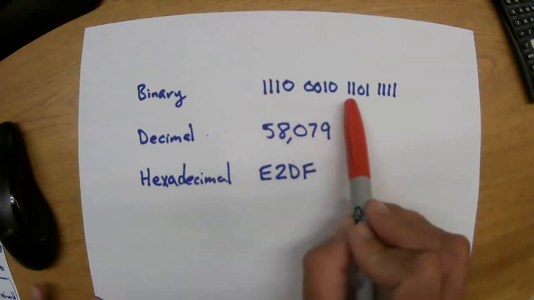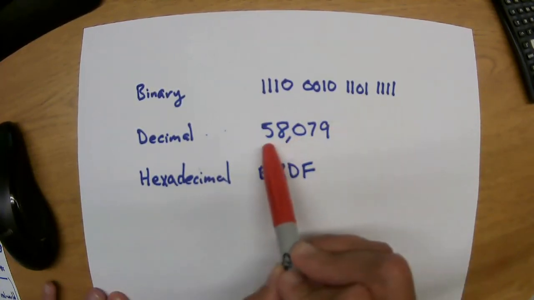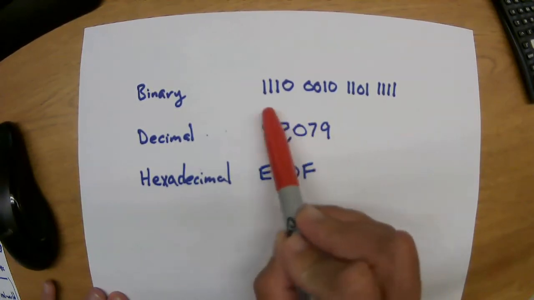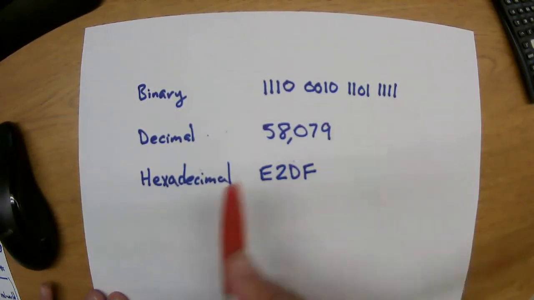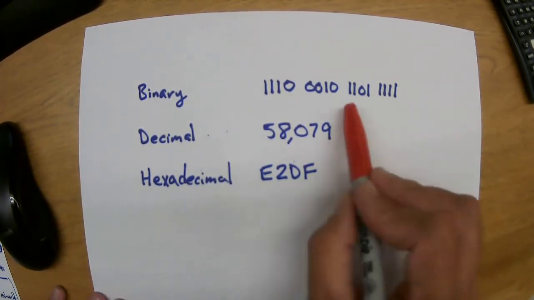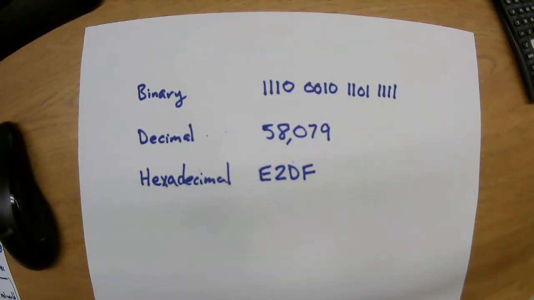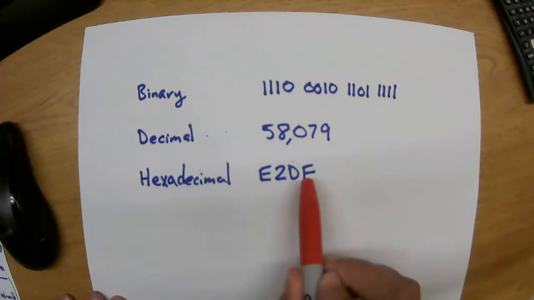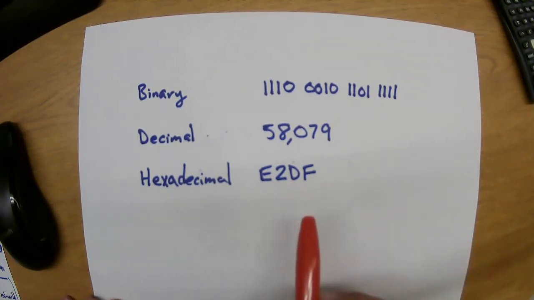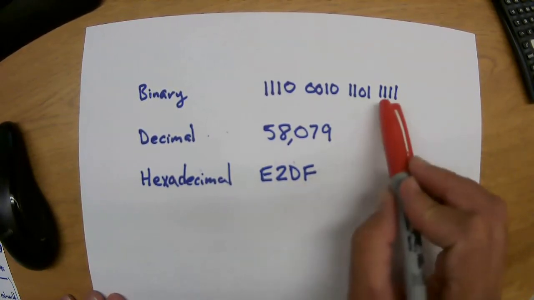The problem is it's cumbersome to write out binary numbers. Even numbers that are not too terribly large get very, very long in binary. And when we want to work out the math to figure out what's going on inside the computer, this is not practical. So one reason is hexadecimal numbers are compact. Not a lot to write down.